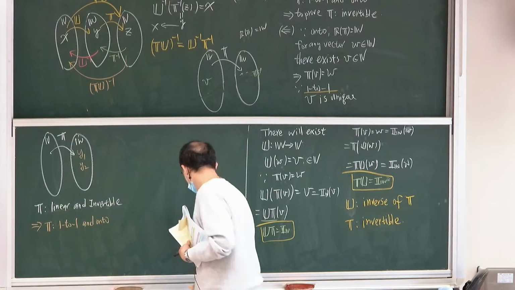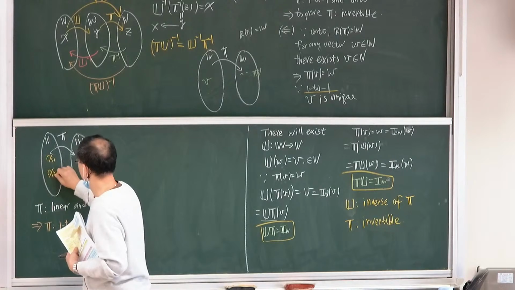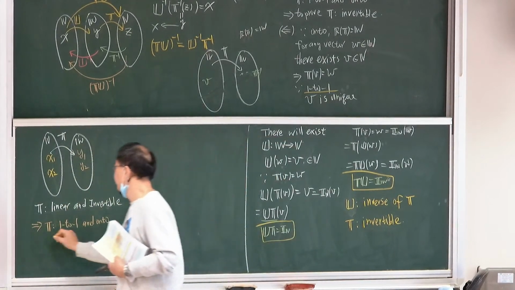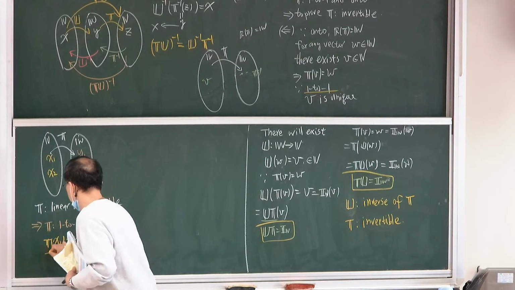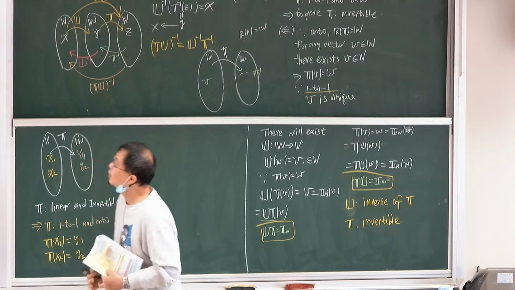So we can find corresponding vectors x1 and x2 in vector space V such that T(x1) equals y1 and T(x2) equals y2.